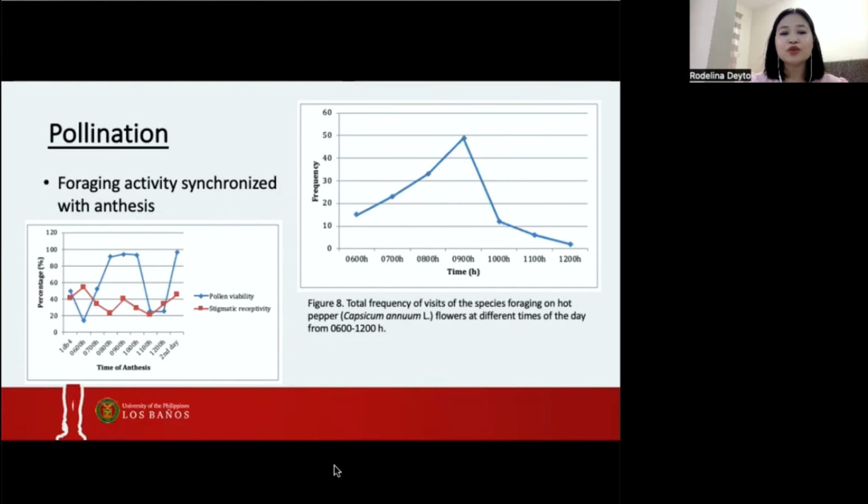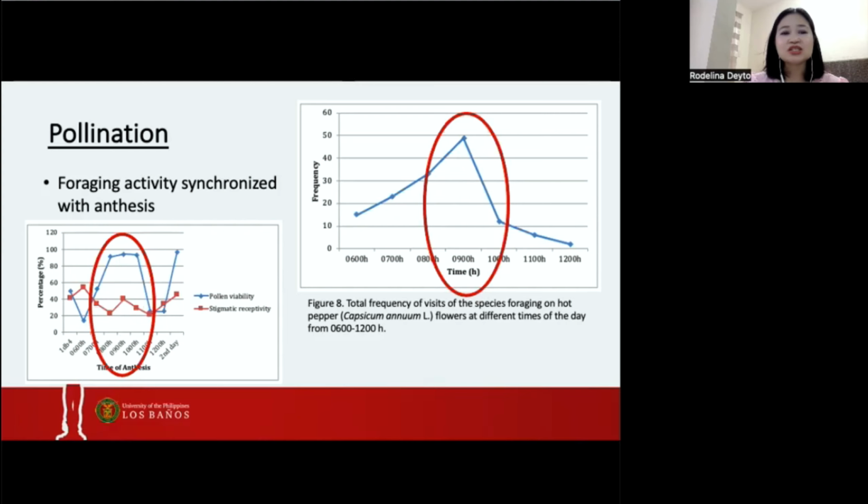The time when the floral visitors are at the highest is also the time when the pollen grains are highly viable and the stigma is most receptive. So the peak of floral visitors is at 9 a.m., which is also the peak of viable pollen, and this is also the time when the stigma is most receptive. So the foraging activity of pollinators synchronized with anthesis.